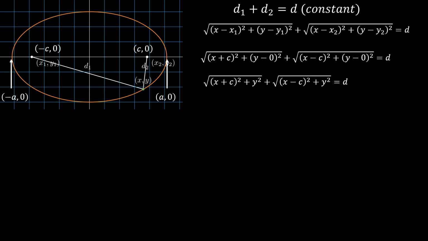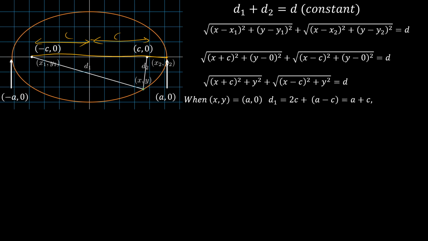Now we want to find d, because this is obvious. When (x, y) is at (a, 0), the length d1 is going to be this length, which is obviously 2c, because from here this is c and this is another c, and then there is obviously this distance here from c to a, which is a minus c.